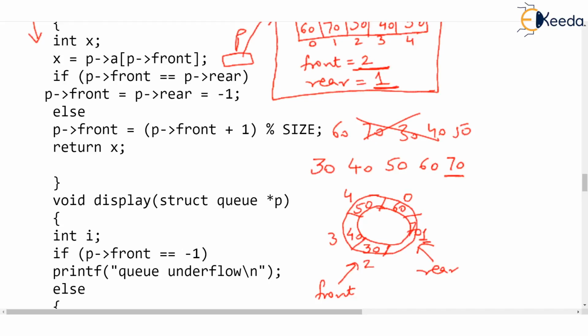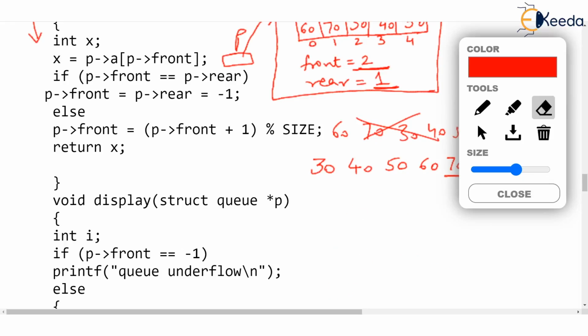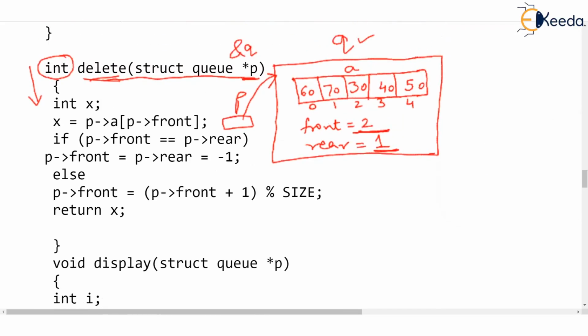So we have to carefully handle a circular queue. It's not that the very first location of the array, that is the 0th location, has to be the first element. You have to see what is the value of the front counter, and depending on that, you have to decide which is the first element and remove it.